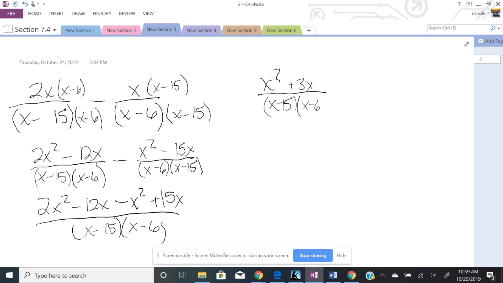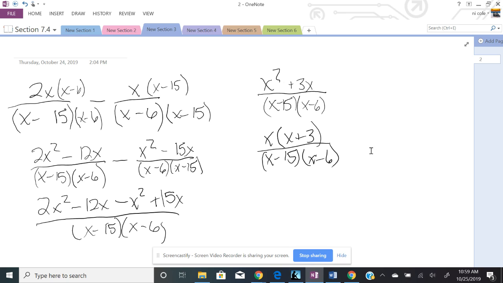Okay, and I want to just make sure that I cannot reduce this, and I can see I can factor this numerator by using the greatest common factor. The greatest common factor is x, so I'm going to pull that out, x plus 3, and then I have x minus 15 times x minus 6.